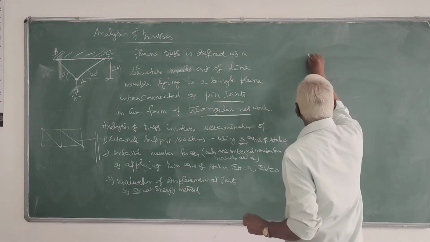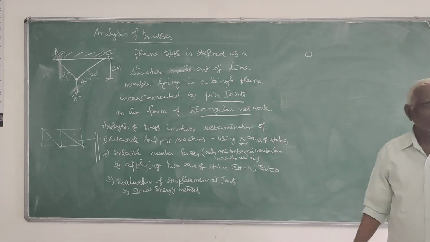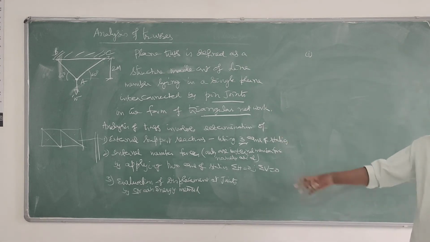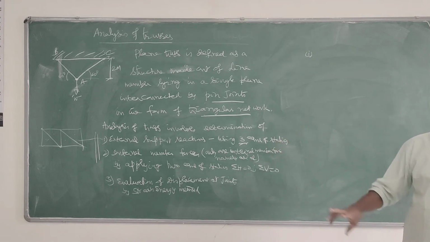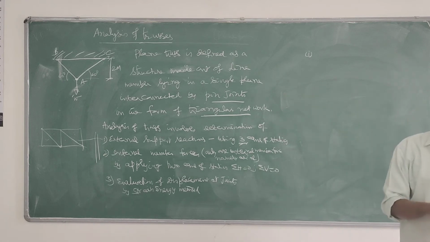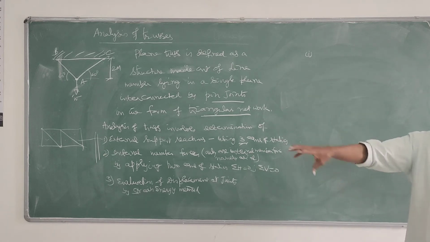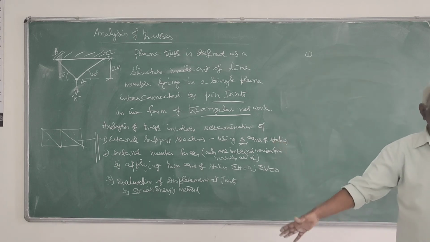As I told you, first we take what is called the method of joints. Though it only applies two equations of equilibrium, we call it the method of joints, wherein we take the free body diagram of each joint instead of taking a section.